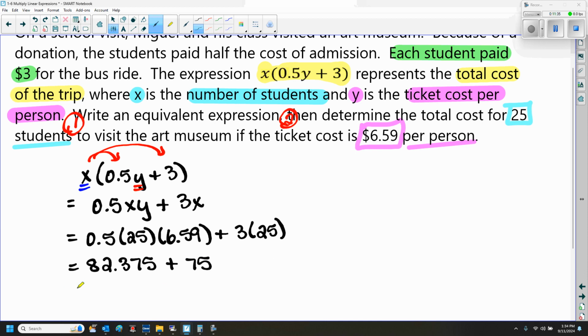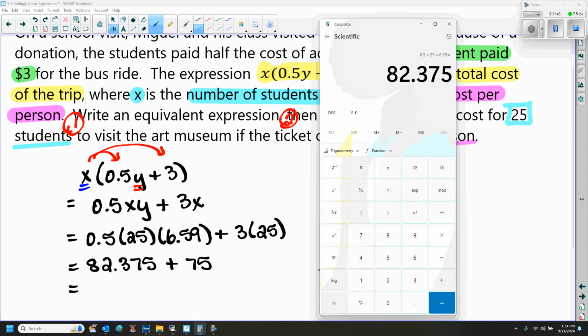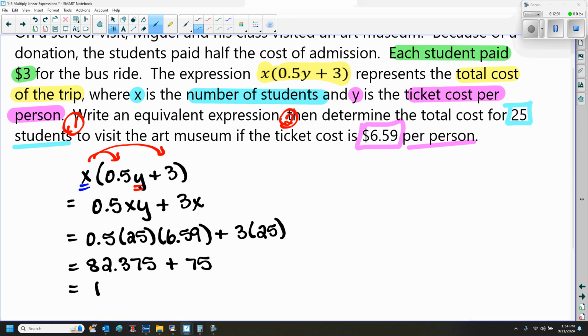Is everybody with me? All right. Now, can I ask you guys, should I round this right now? No. When do we round? When we're done. We round at the end. Very good. So that's still in the calculator. And in this case, it doesn't really make a difference because we're just adding a whole number, right? So plus 75, and that gives us 157.375.